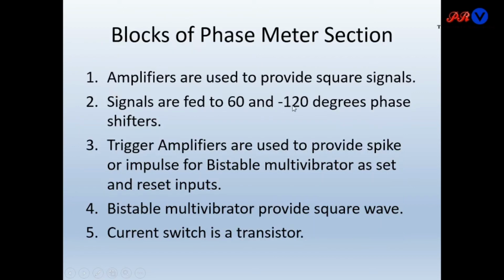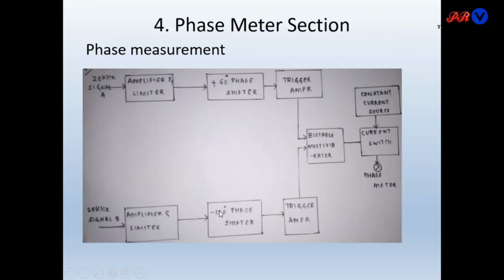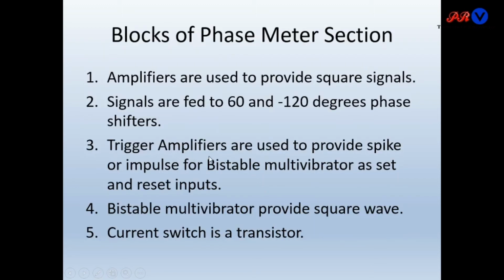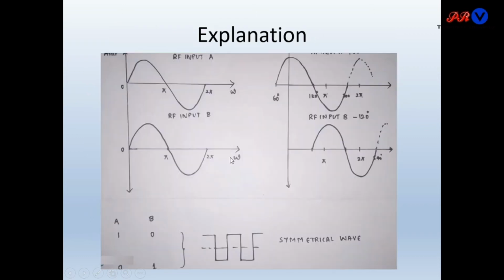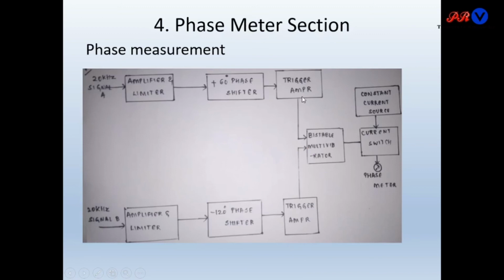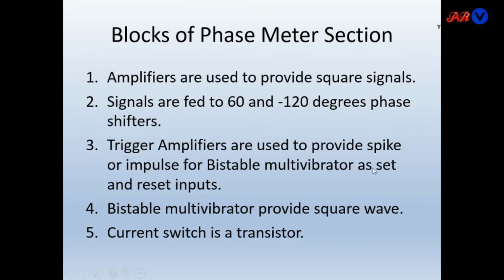Signals are fed to 60° and minus 120° phase shifters. Trigger amplifiers are used to provide spikes or impulses for the bistable multivibrator as set and reset inputs. Bistable multivibrator provides square wave and current switch is a transistor.